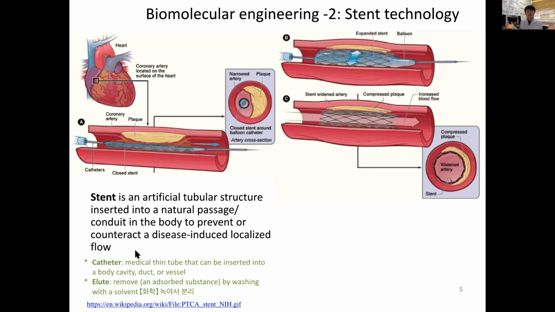You have to open up your chest and expose the heart, and then bring this coronary bypass from the vein of the leg, and do this surgery, which is a major, major surgery.